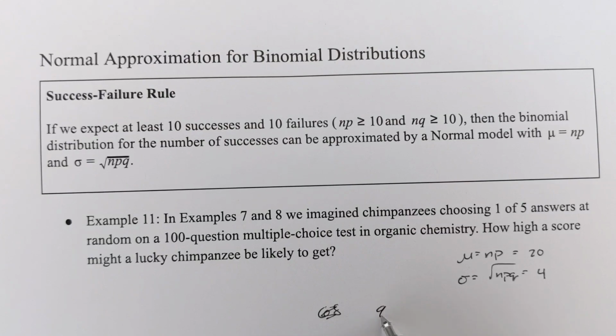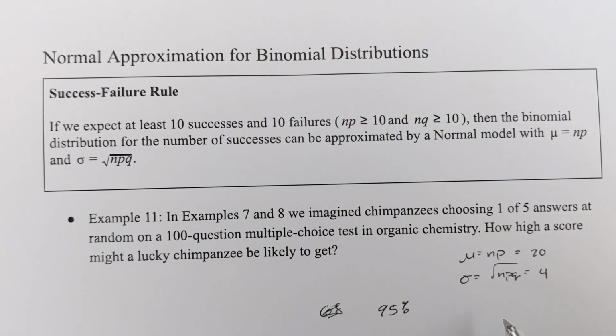So let's talk about 95%. 95% is within 2 standard deviations, so 20 plus or minus 2 times 4. So that's somewhere between 12 and 28.